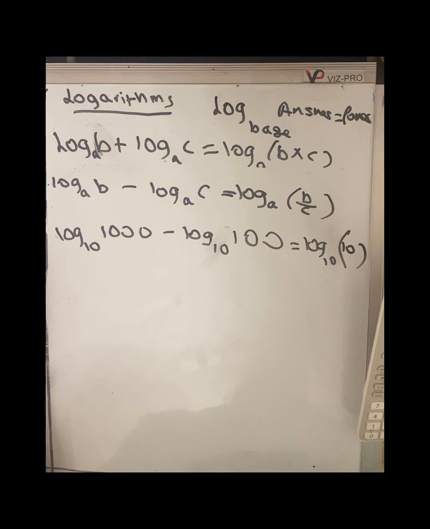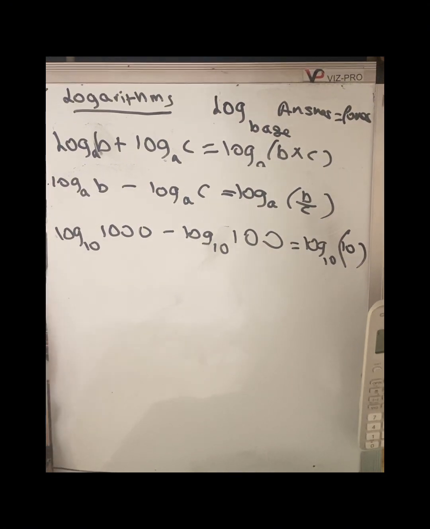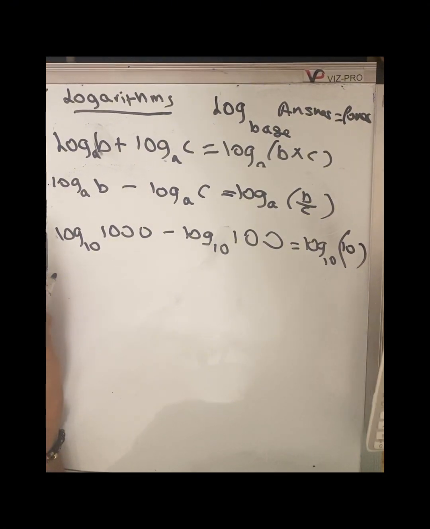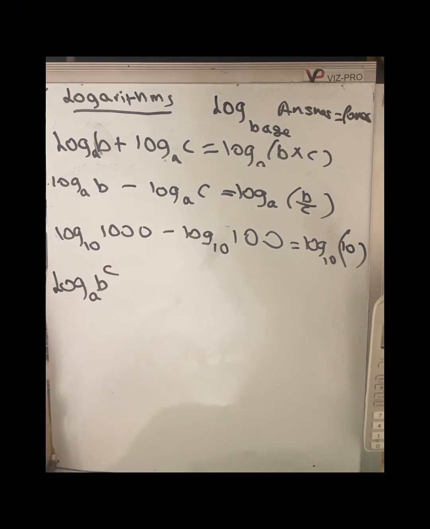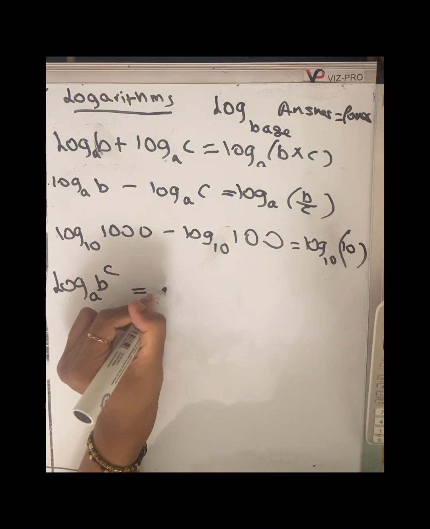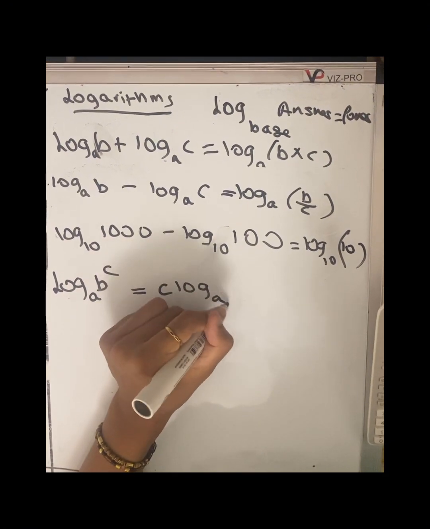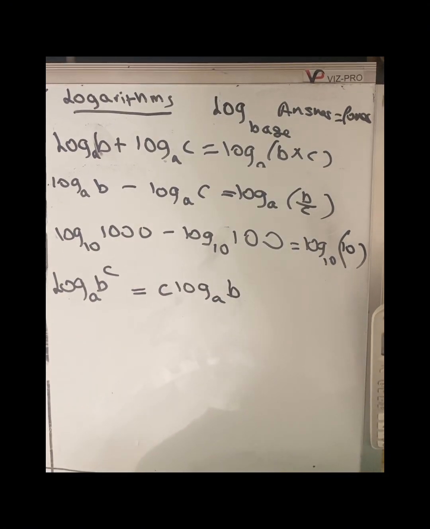Another log law, and this will be the third one, and we'll leave it at that for today: log base a of b to the power of c is going to be equal to c times log base a of b, or the other way around.